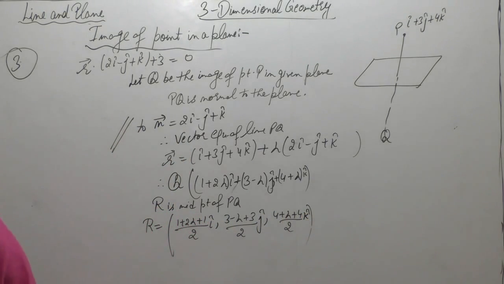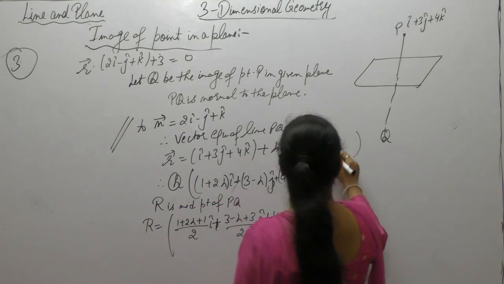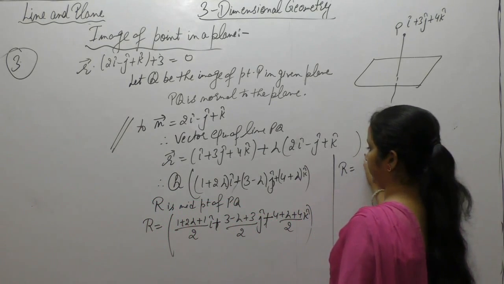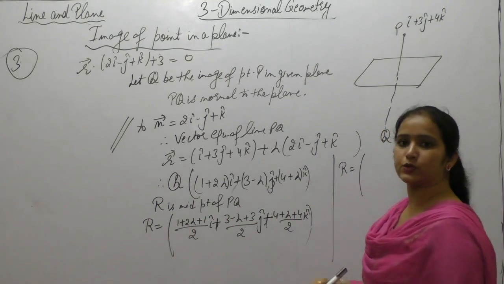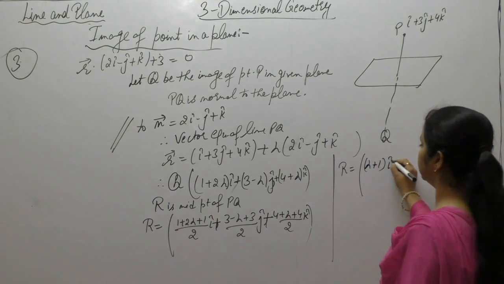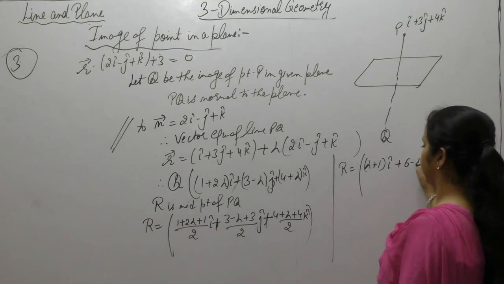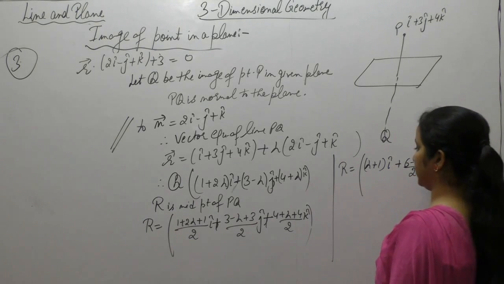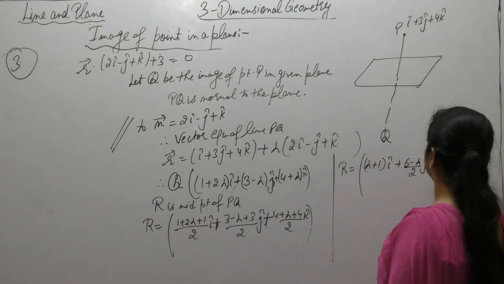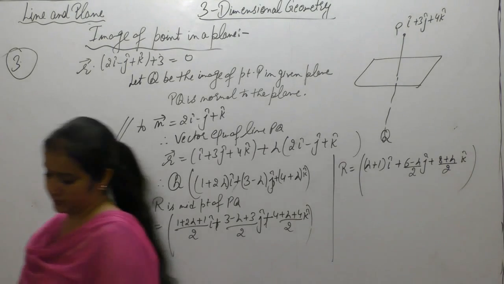So the coordinates of R are (lambda plus 1) i cap, (6 minus lambda) by 2 j cap, (8 plus lambda) by 2 k cap.